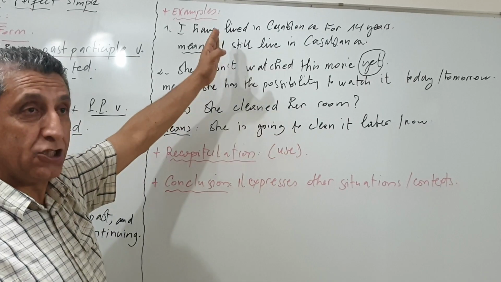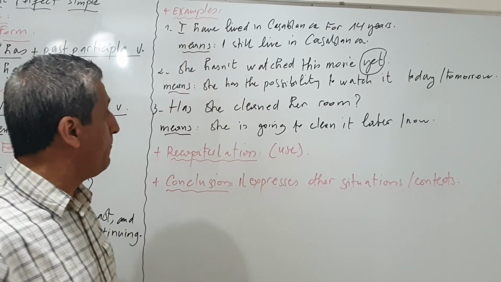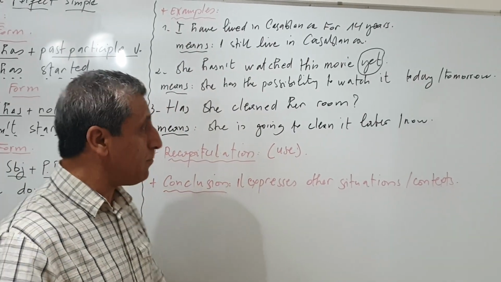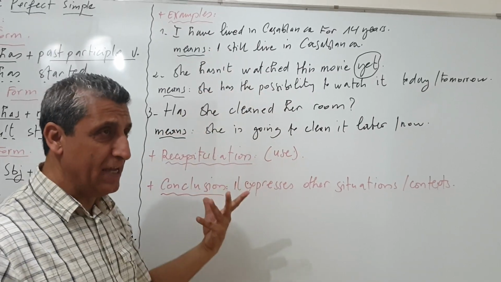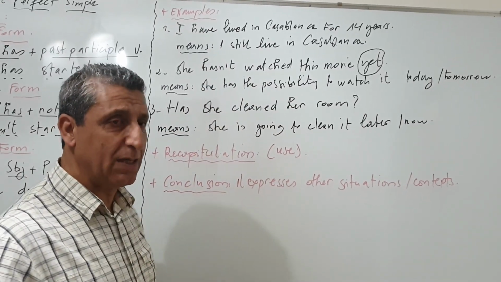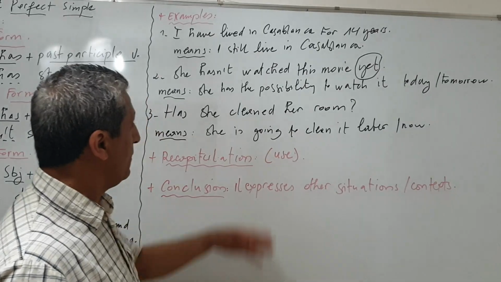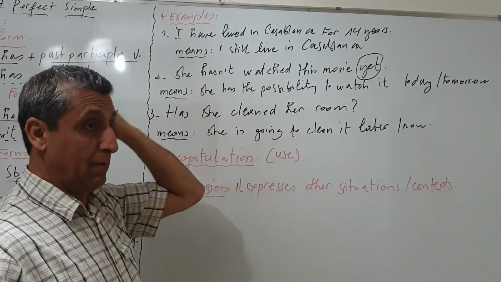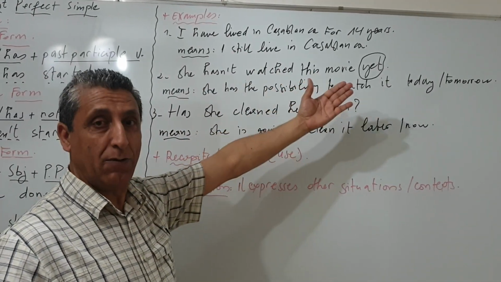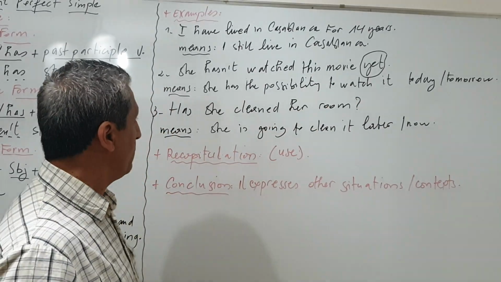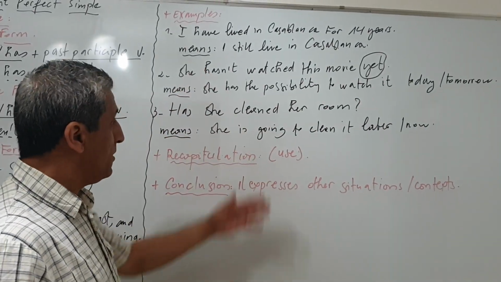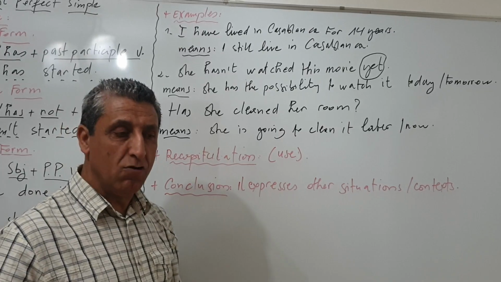The verb is to live, conjugated in the present perfect. What do we understand when we say I have lived in Casablanca for 14 years? We understand that I lived in the past and I still live in Casablanca. I'm still in Casablanca.